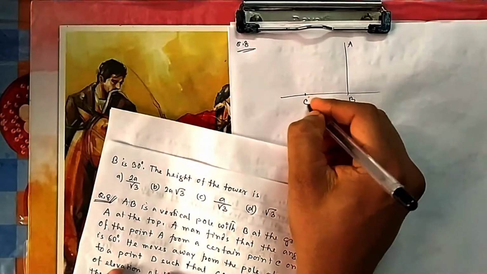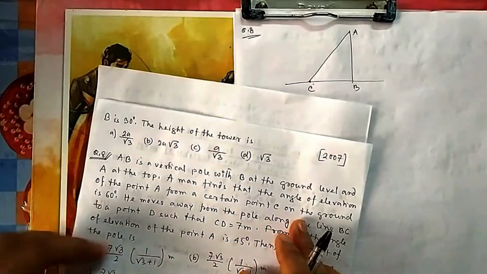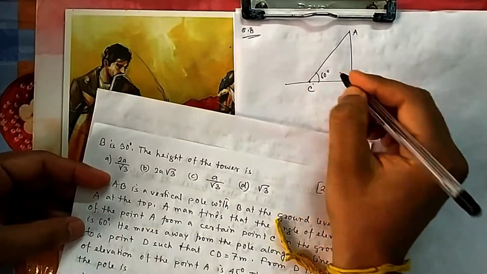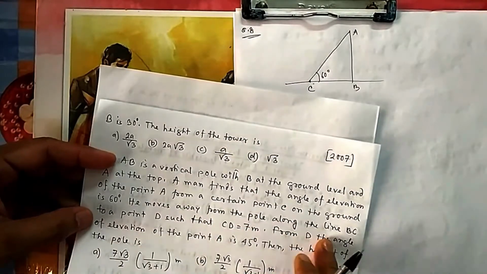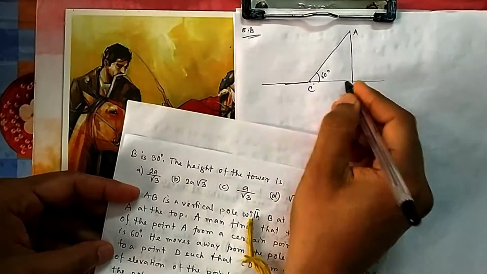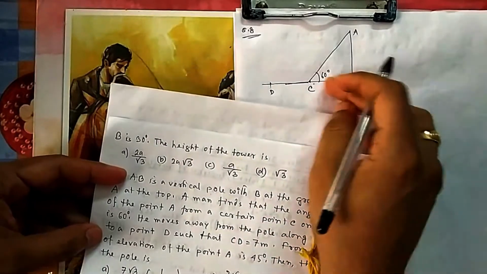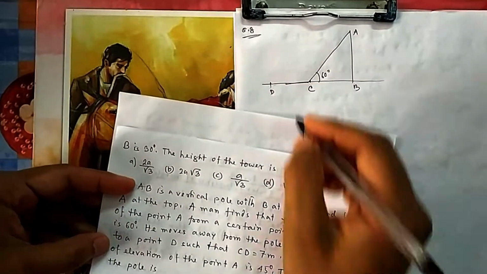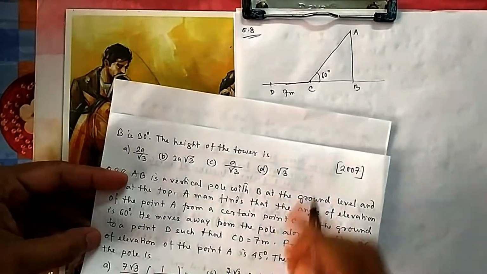So he is looking from C at A. He moves along BC to a point D such that CD is 7. So along BC he moves away from the pole. He is not coming closer, he is going away. CD is equal to 7, and from D the angle of elevation is 45.